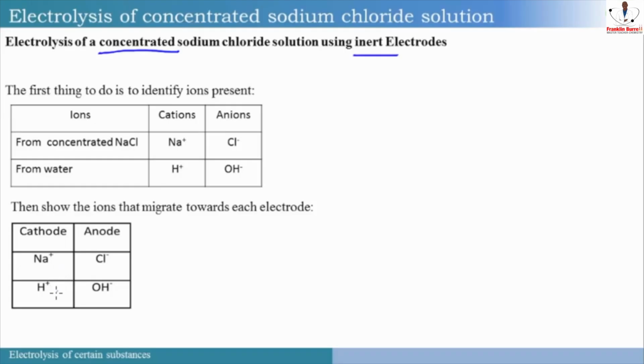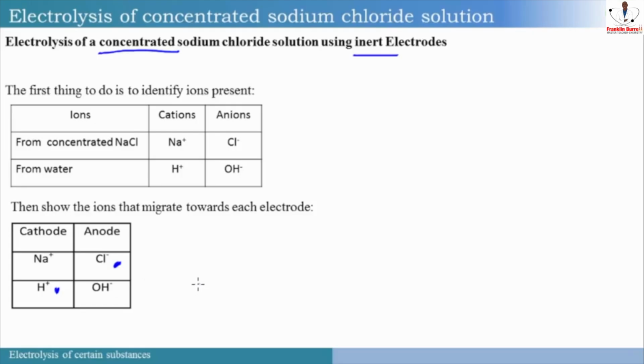In this case, H+ would come off in preference to Na+. Whereas on the anion side, the ions that move towards the anode, Cl- would come off in preference to OH- this time, because it is more concentrated. So we have more Cl- ions present than OH- ions.